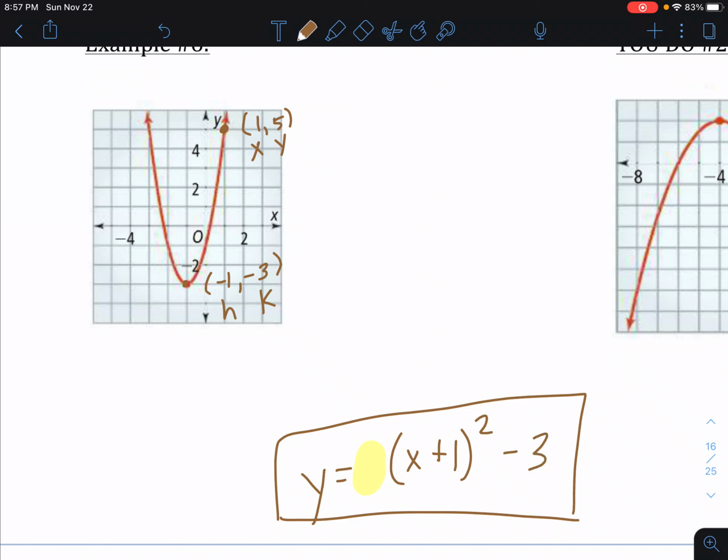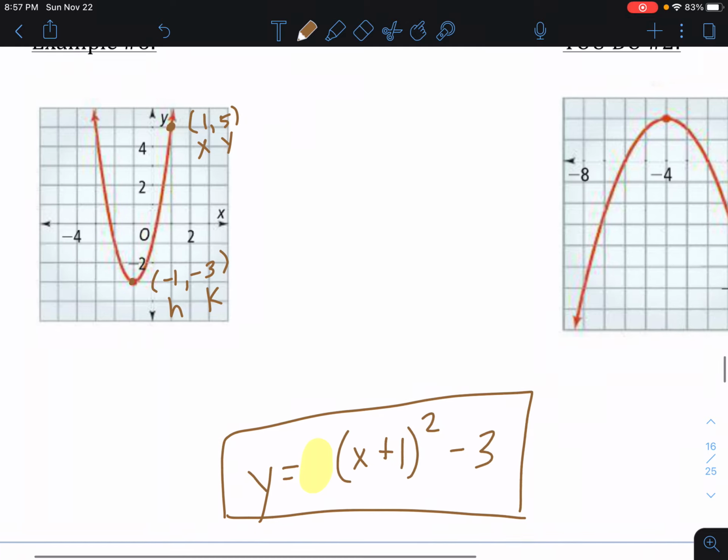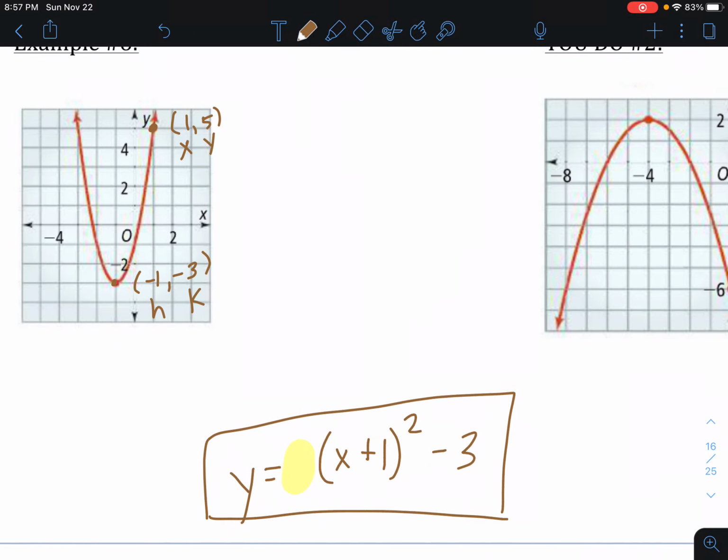So now let's figure out what the a is. So use the formula again, plug the 4 numbers in. So y equals a, parentheses x minus h, double negatives, squared plus k.